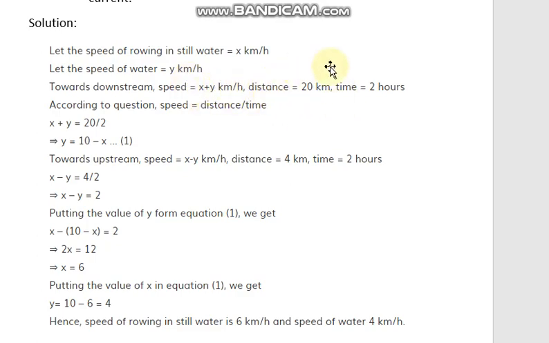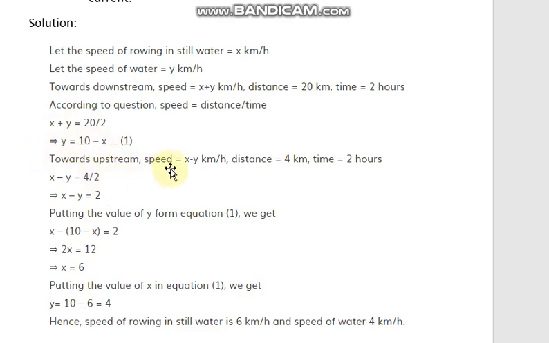The total distance she is covering is 20 kilometers and the time taken is 2 hours. So we know that speed equals distance upon time, right? So x plus y equals the total distance 20 divided by 2, which is 10. So we have y equals 10 minus x.